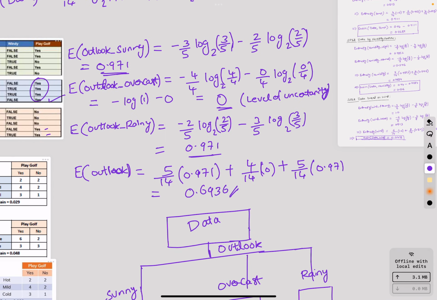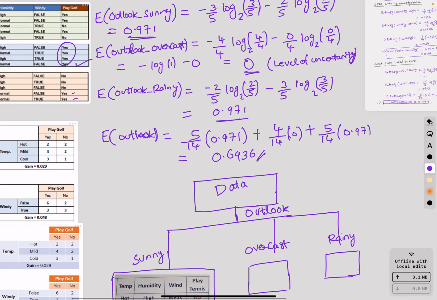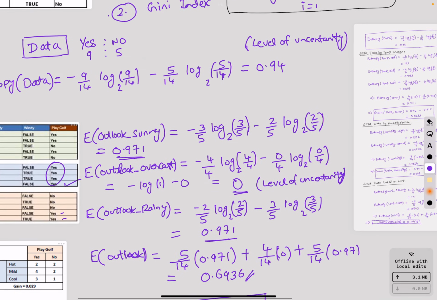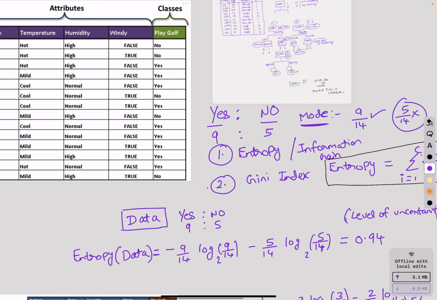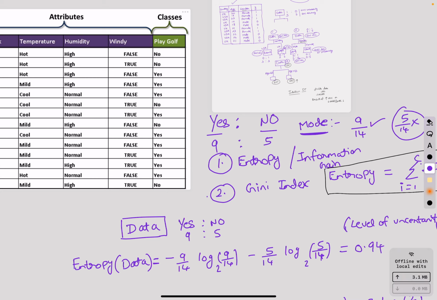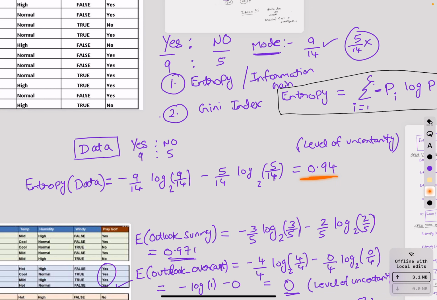Now let us look at the entropy one more time. When I looked at the entropy on the entire data level, the entropy was this much, 0.94.